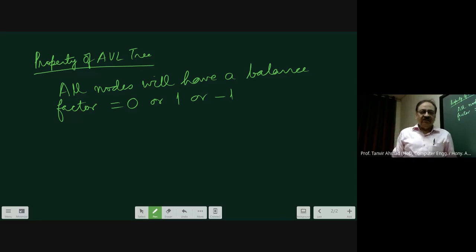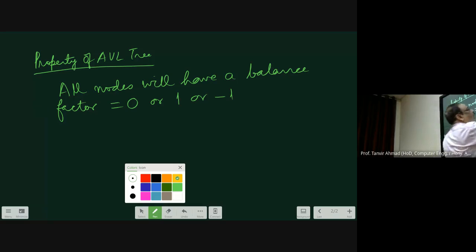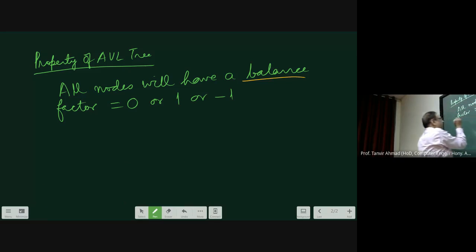Any tree where all nodes have a balance factor of 0, 1 or minus 1 will be called an AVL tree. Now obviously the important word is the balance factor.